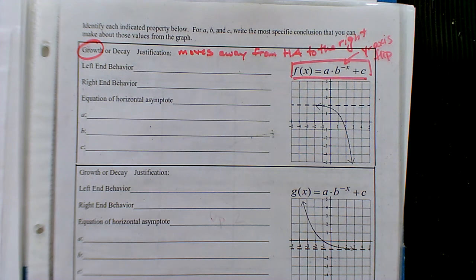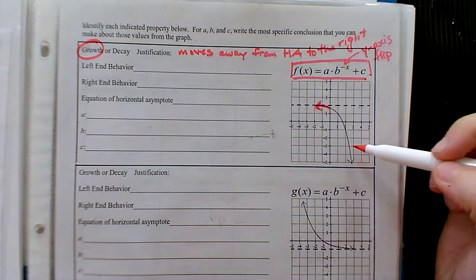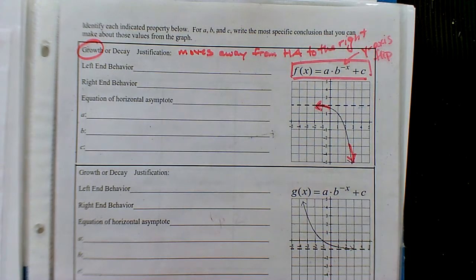All right, what about the end behavior? If you were to trace the graph to the left or trace the graph to the right, how would you describe what it's doing?